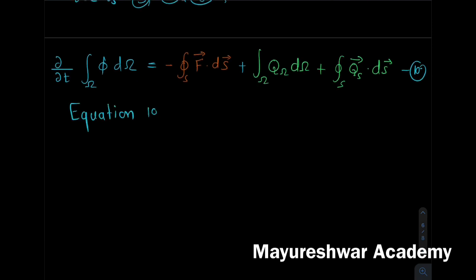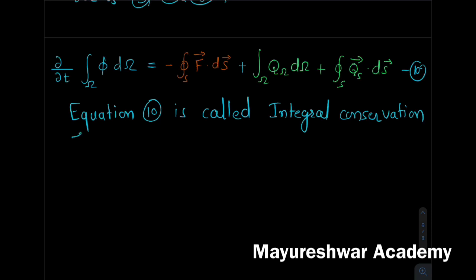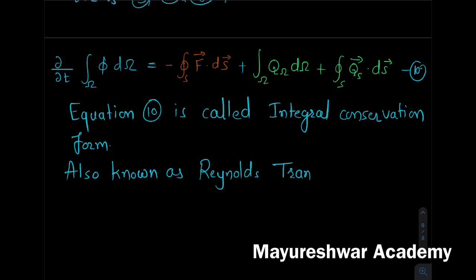So this equation 10 is called the integral conservation form. It is also known as the Reynolds transport theorem, in short RTT, Reynolds transport theorem, RTT.